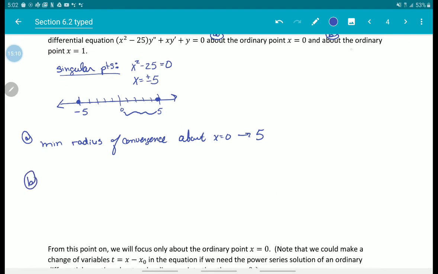Well, what if we were to change this to be ordinary about 1? So 1 would be here. Now our distance has changed. The distance from 1 to 5 is 4 units. The distance from negative 5 to 1 is 6 units. We want that minimum. And so that minimum would be 4.